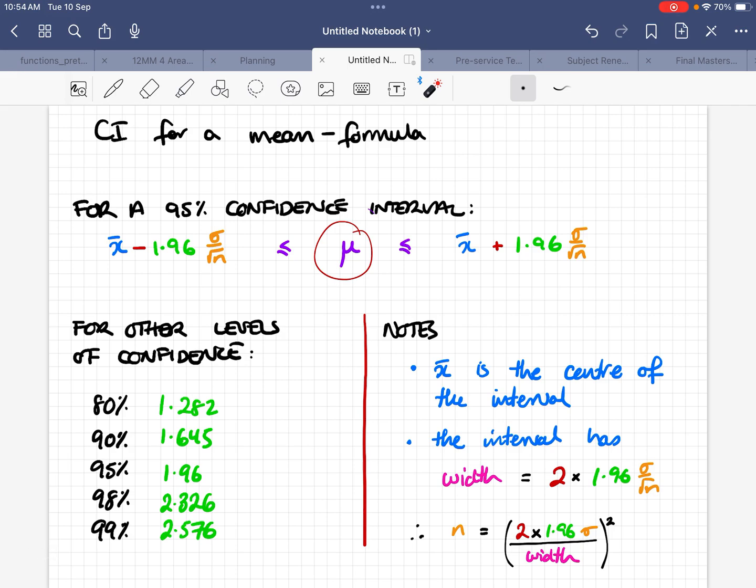Couple of quick notes here. Please make sure you always use mu for that symbol there in the middle. Do not use x bar. It is incorrect. We're making a statement here about the population mean. This is a really simple spot where, if students aren't paying close enough attention, they lose a mark in the exam.